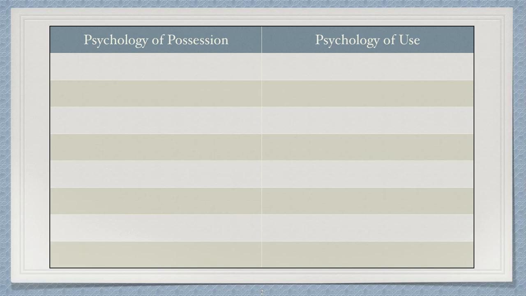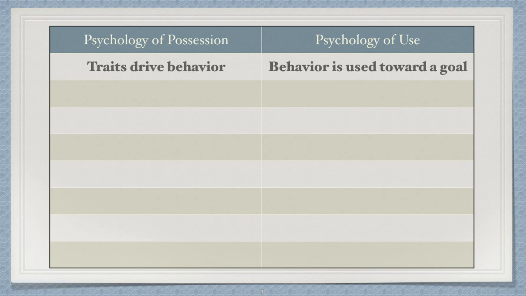The distinction I'm going to make is directly between the psychology of possession and the psychology of use, isolating four elements. The psychology of possession views that traits drive behavior, that individuals have traits, personality traits, so to speak, and that these traits drive behavior.